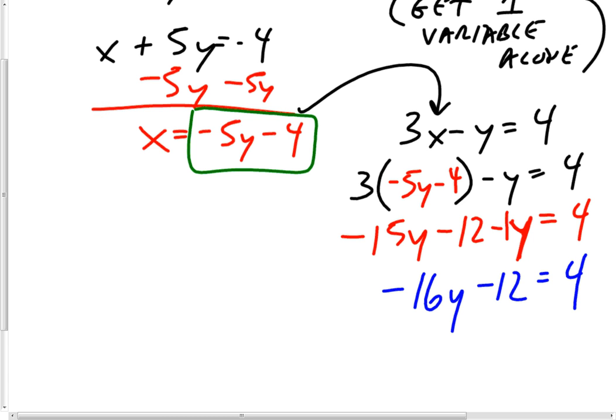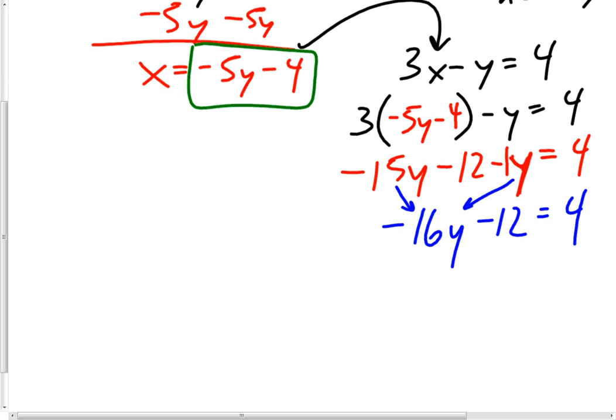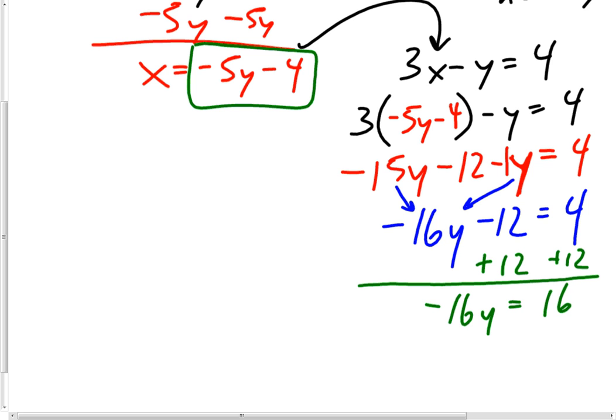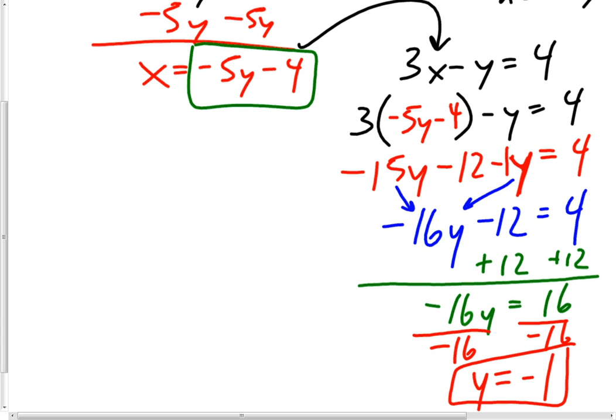I took this and this and combined them. Now it's just a two-step equation. I'm getting that y is equal to negative 1.